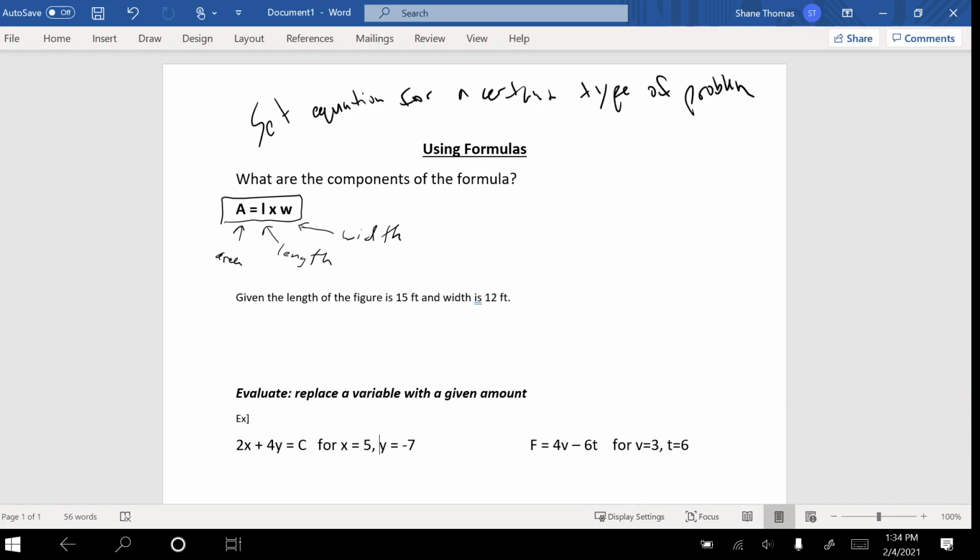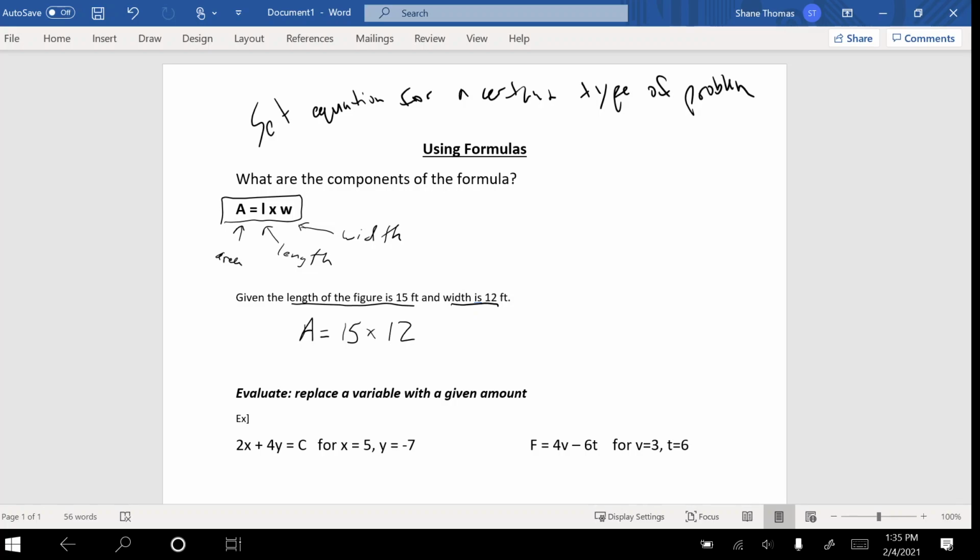So right below there I say, given the length of the figure is 15 and the width is 12, what's the area? So here is length, here is width. So plug in what you know. Do I know the area? I don't know the area. I'm going to find the area. What do I know? Well, I know that the length is 15, width is 12.